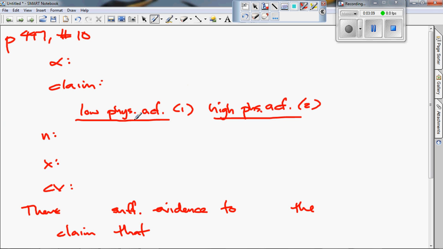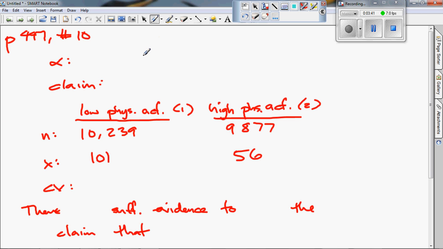And it says, in a study of women with coronary heart disease, the following sample results were obtained. 10,239 low physical activity. There were 101 cases of coronary heart disease, 101. Among the 9,877 women who had a higher level of activity, 56 cases of coronary heart disease were found.